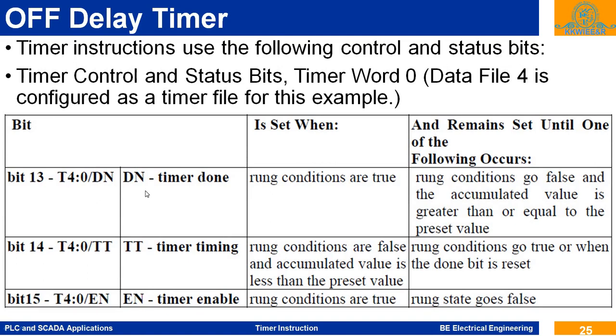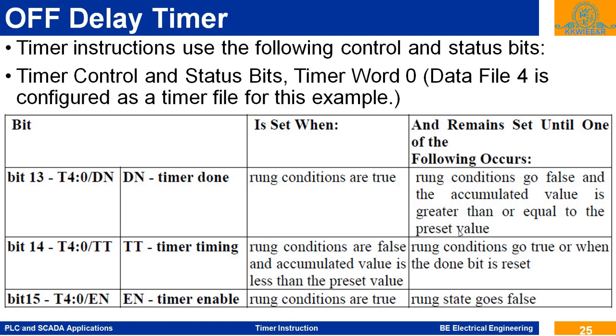So the done bit for an off delay timer, when run conditions are true, the done bit is set. And it stays set until the run condition goes false and the accumulated value is greater than or equal to the preset value.